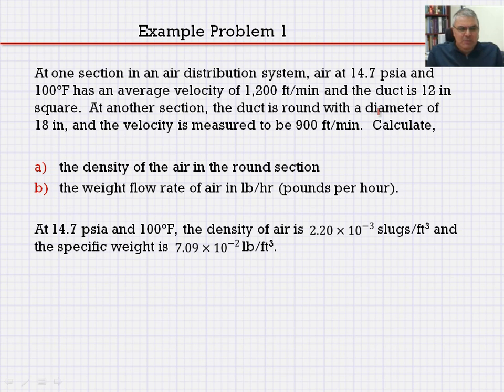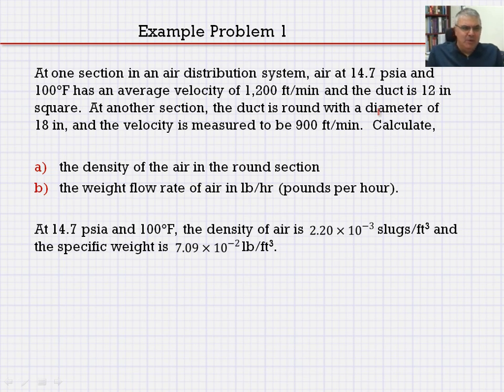It's 12 inch. Well, we're going to calculate the area. This is going to give you the dimensions, and it is square. The cross-section shape is a square. At another section, the duct is round with a diameter of 18 inch, and the velocity is measured to be 900 feet per minute.